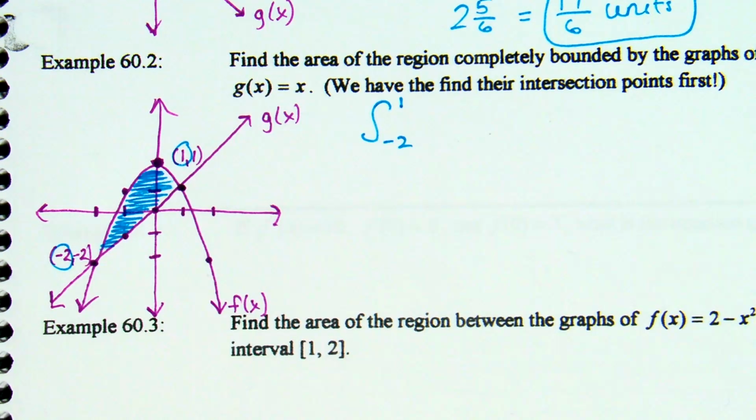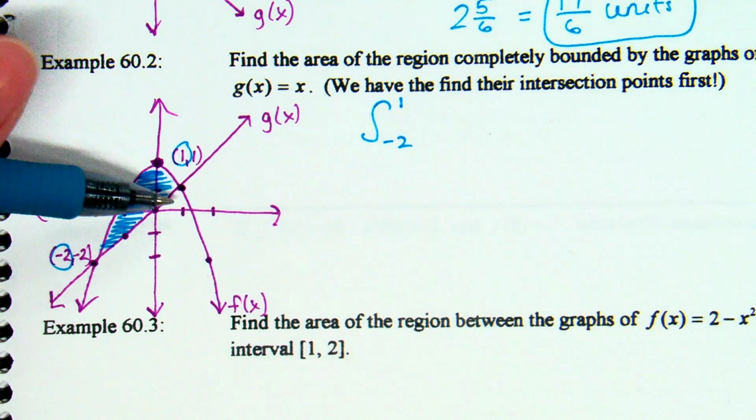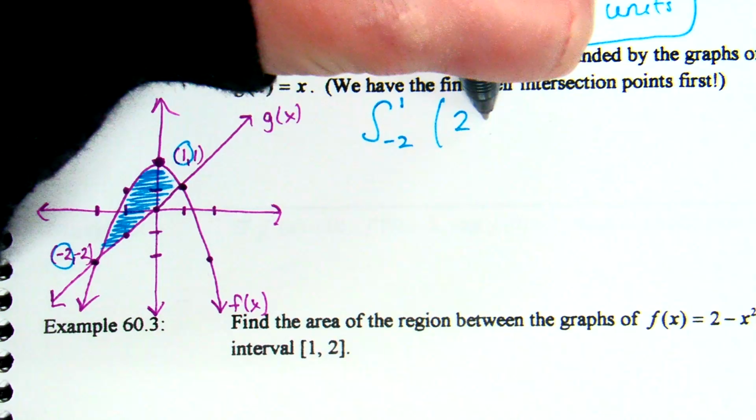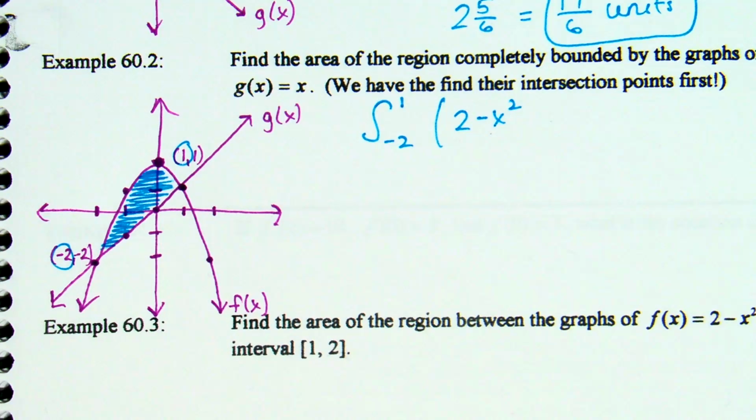And then our brains are thinking upper minus lower. So in that section of the graph that I've shaded, which is my upper equation? The parabola. So I'm going to start with the 2 minus x squared, because that's the upper section.